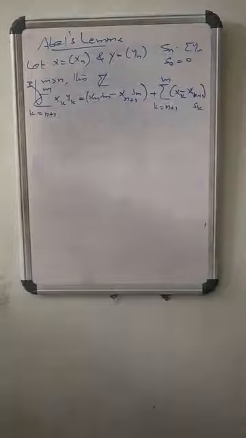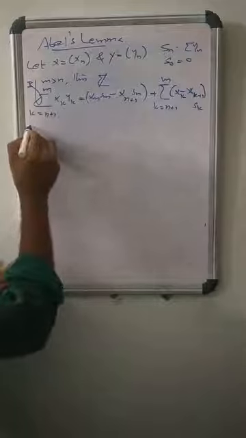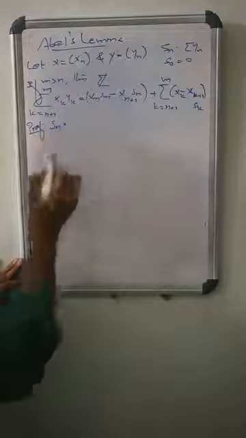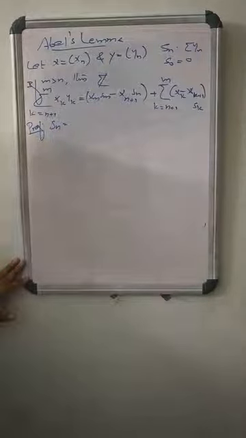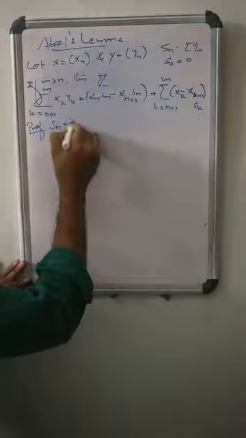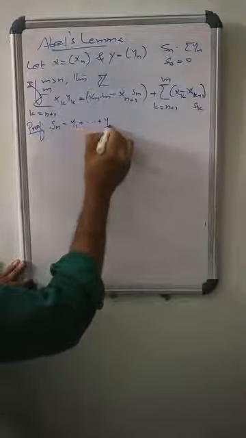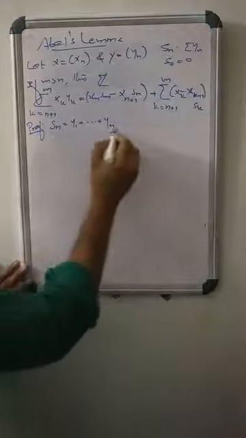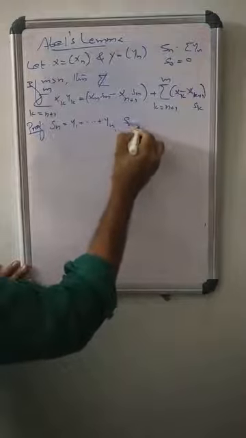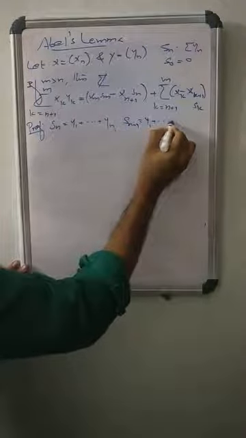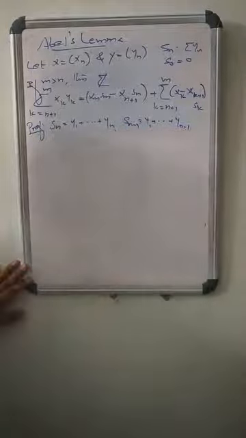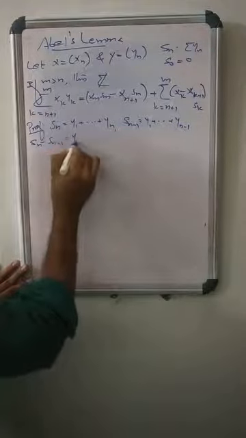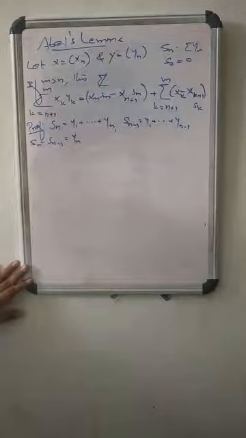Okay. How to prove this one? Its proof: we have Sn, the nth partial sum of sigma yn. So Sn equals y1 plus etc. plus yn. Agreed? What is Sn minus 1? Sn minus 1 is y1 plus etc. plus yn minus 1. So Sn minus Sn minus 1 equals yn. Clear?